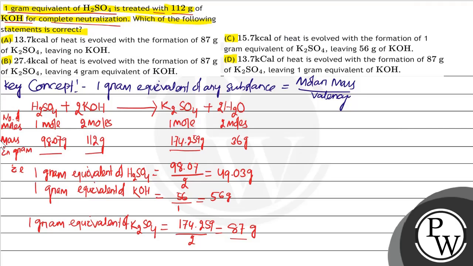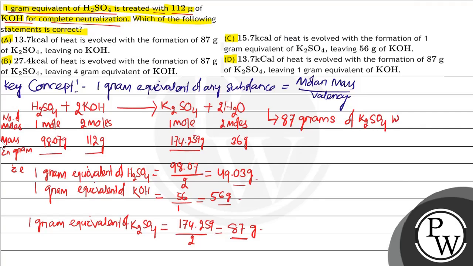Likewise, 49.03 gram of H2SO4 will react with 56 gram of KOH to give 87 gram of K2SO4. So these all are taking 1 gram equivalent. Okay, so we get our first answer, that is 87 grams of K2SO4.